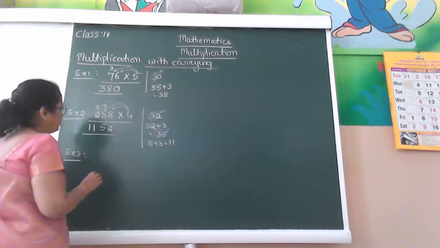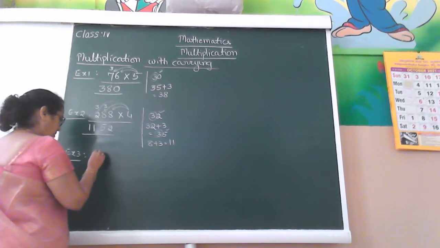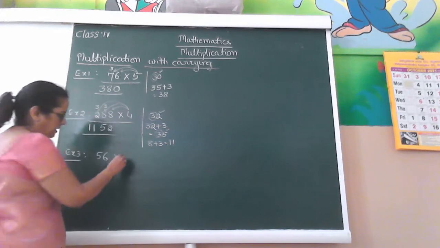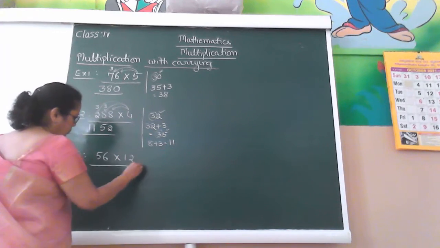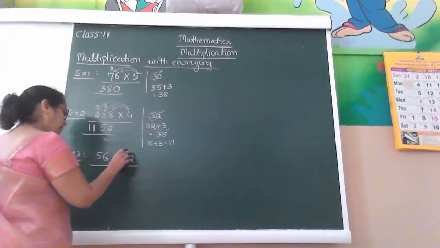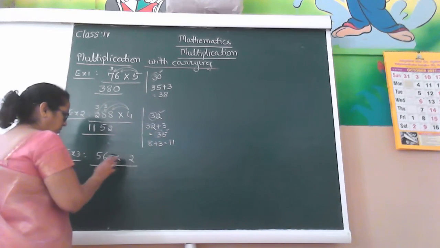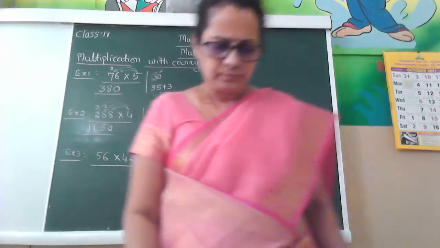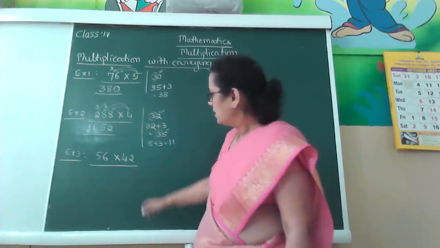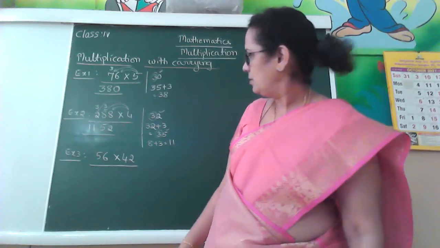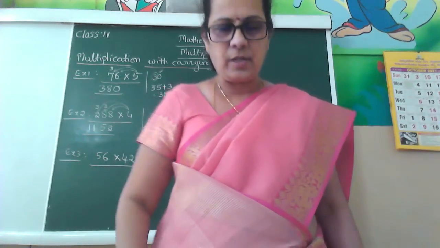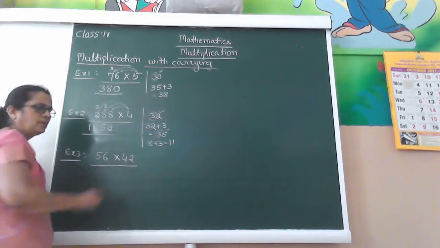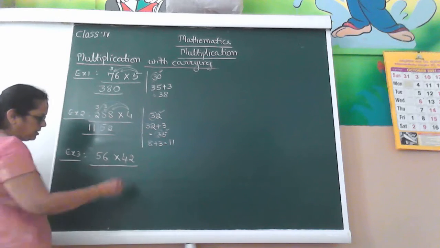Now another example. Let me take a 2 digit number, 56 into 42. 56 is 2 digit and 42 is also 2 digit.